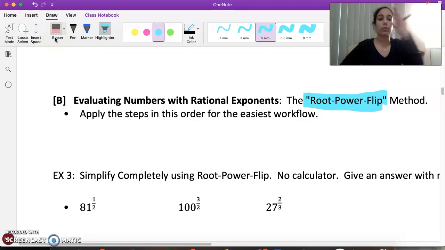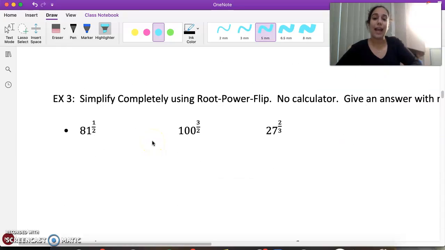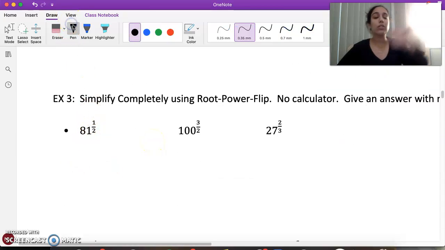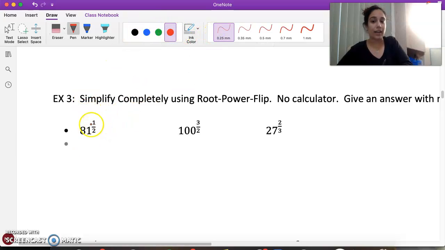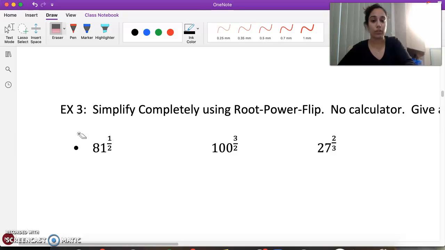You could do power root flip, you could flip power root, all this stuff, but it's not going to be as easy. And I'm going to explain what that means. So we learned in the last video that 81 to the 1/2 power, this is an exponential form, right? Because it has an exponent. If we were to write it in radical form, you would get 81 to the first power inside of a square root, because remember that 2 is your root.